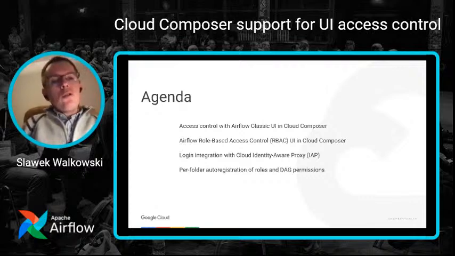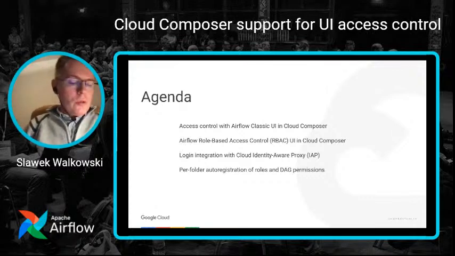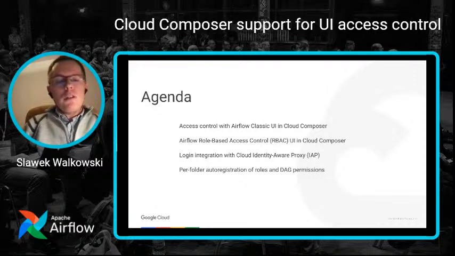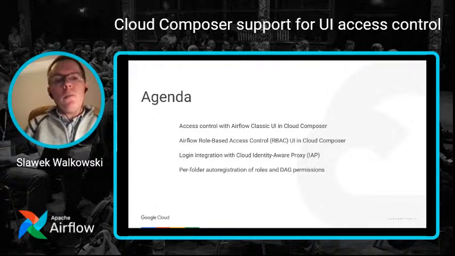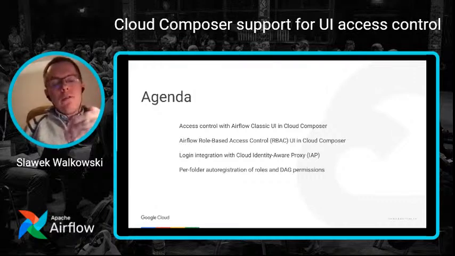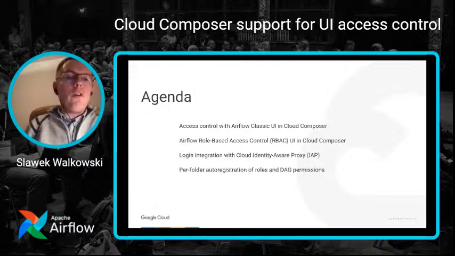Then I will cover two specific topics which I think may be interesting from the technical point of view: how we integrated login to Airflow UI with Cloud Identity Aware Proxy, and the feature that we've added on top of Airflow RBAC, which is per folder auto-registration of roles and DAG permissions.